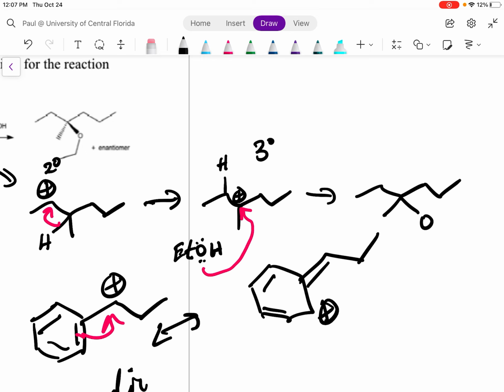And what's forming that bond? It's the lone pair that's forming this bond right here. And so we still have the two carbons attached, we still have the hydrogen attached, and we still have that one lone pair that we didn't touch. And so now that oxygen has 3 bonds, so that has to be positively charged.